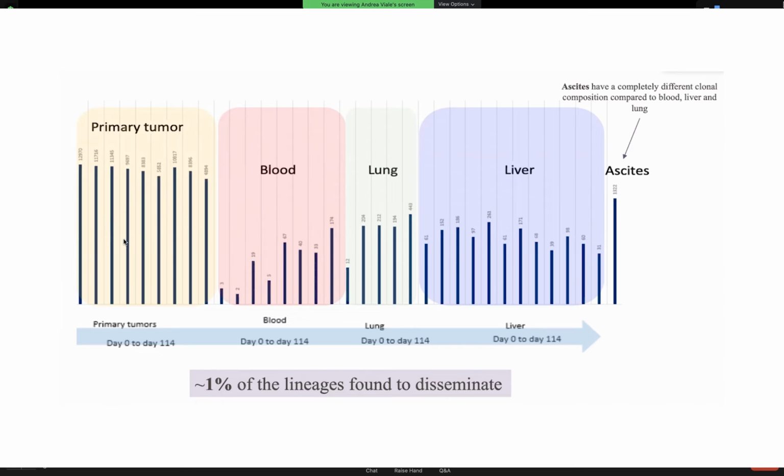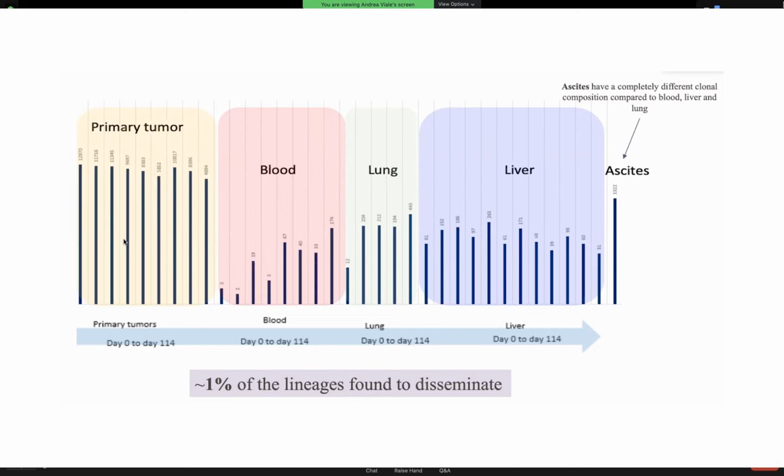We have a little bit more clones in the lung and in the liver, but again, less than 1% of the total lineages present in the primary tumor was detected in the periphery. Again, an exception is the ascites, in which the number of clones is much, much higher. This recapitulates a little bit what was found in the primary, with the very high complexity.